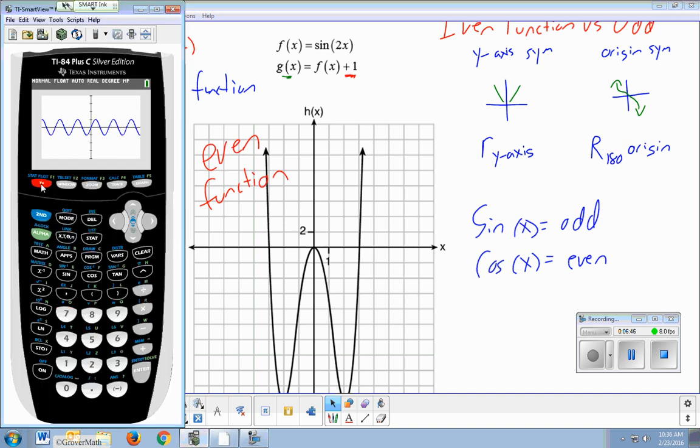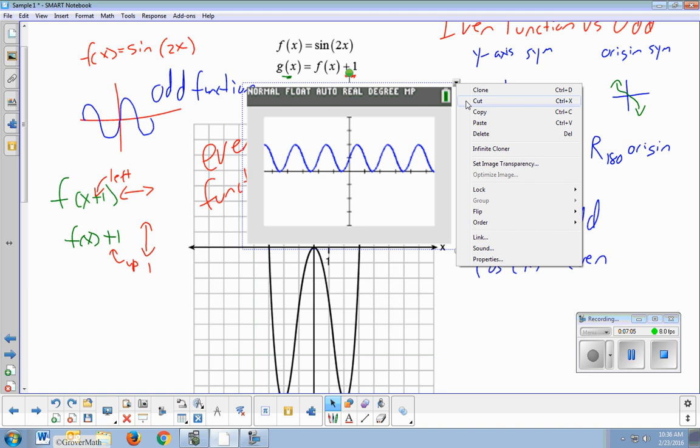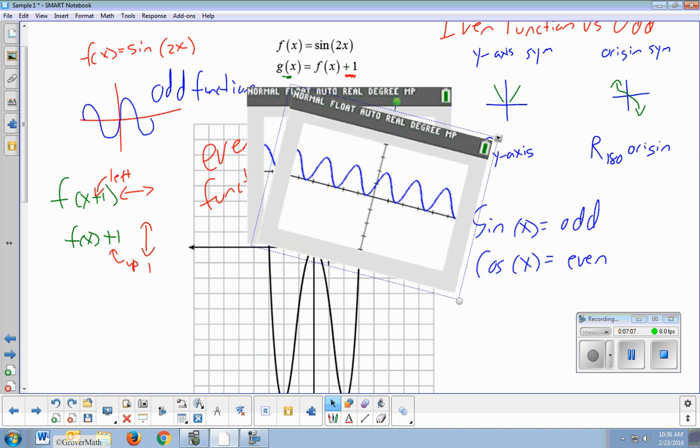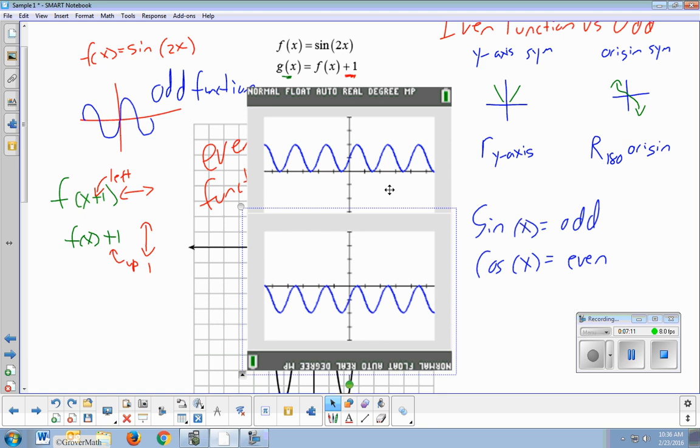Because here's my sine x graph, and if I take this and then add 1 to it, take a look at the graph, I'm going to see the whole graph was moved up 1 from its original location. And the problem here is it's still obviously not an even function, but if I flip it upside down, it looks similar, except this one's above the x-axis, this one's below the x-axis, so it's not the same.